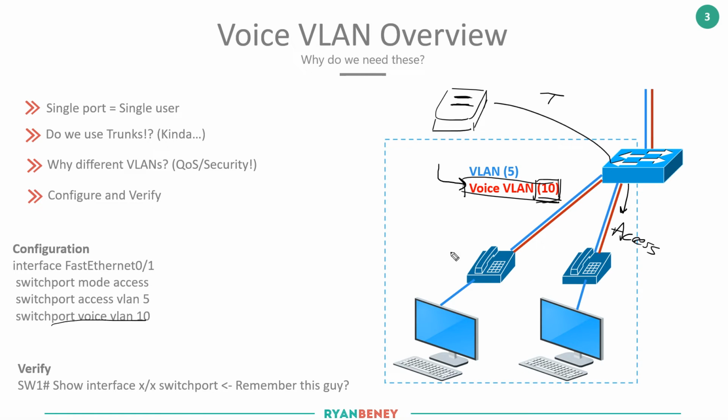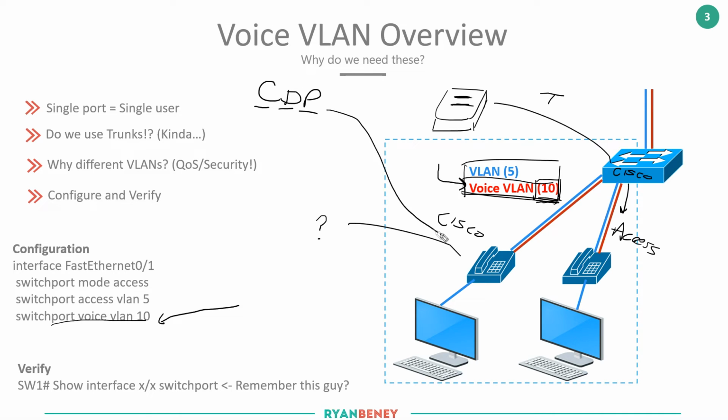Another thing worth mentioning is, how does the phone obtain the VLAN? So how does it know what to do? Now there are different variations of this. If it's a Cisco switch and a Cisco phone, then we can use CDP, the Cisco Discovery Protocol, and in fact using the switchport voice VLAN 10 will actually signal to the phone what VLANs it should be using.